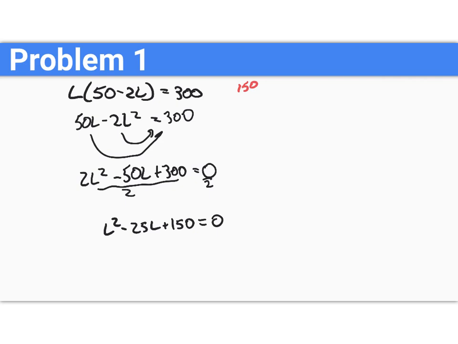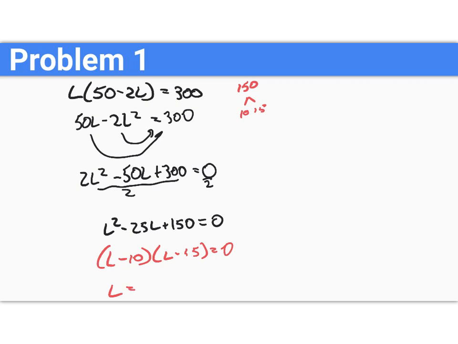There are many factors of 150, so let's do 10 and 15. 10 times 15 is 150, and that adds to 25. We could get others, but I don't think they add to 25. So we got L minus 10 and L minus 15 equal to 0.